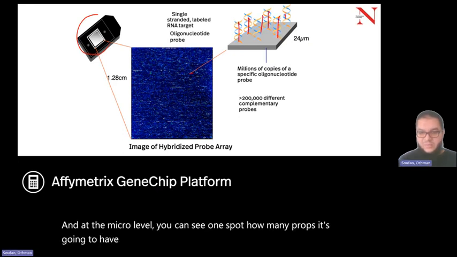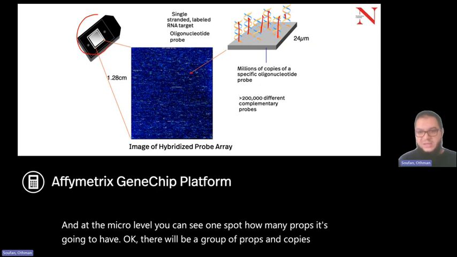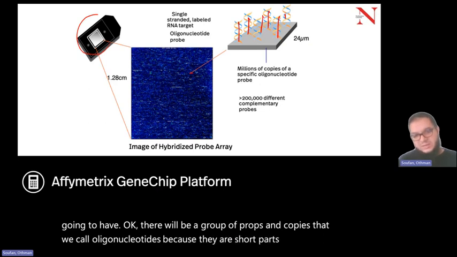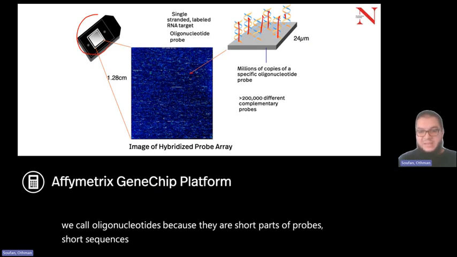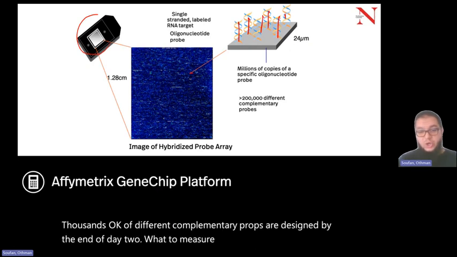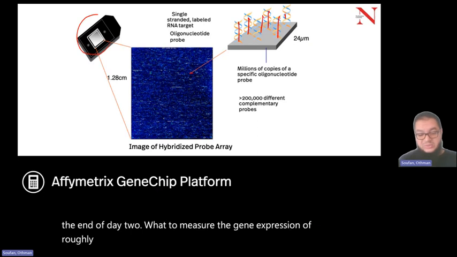Okay, there will be a group of probes and copies that we call oligonucleotides because they are short sequences. And this gives you an idea that thousands of different complementary probes are designed by the end of the day to what? To measure the gene expression of roughly 20,000 genes plus.